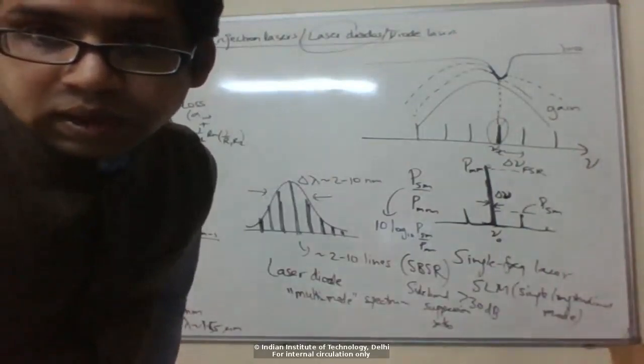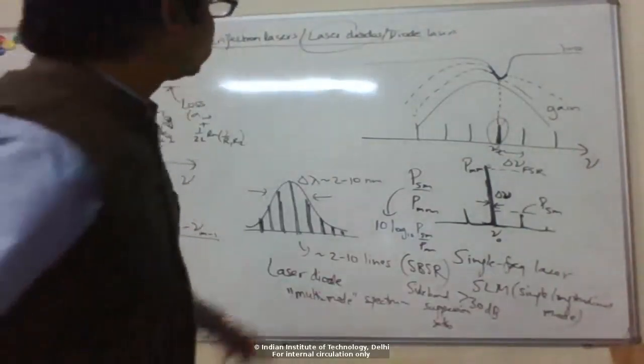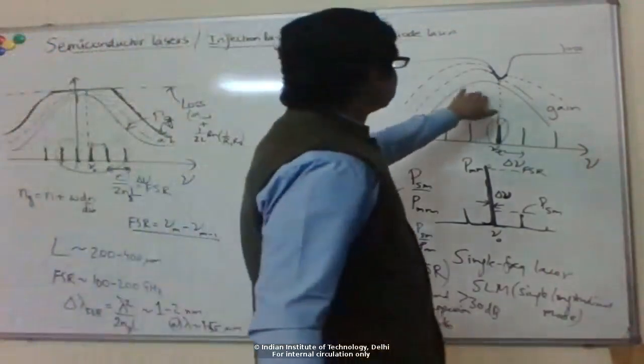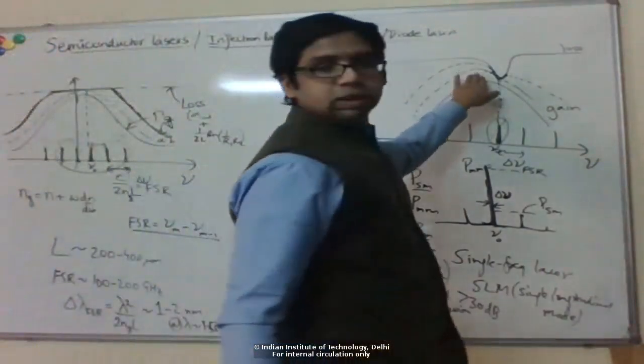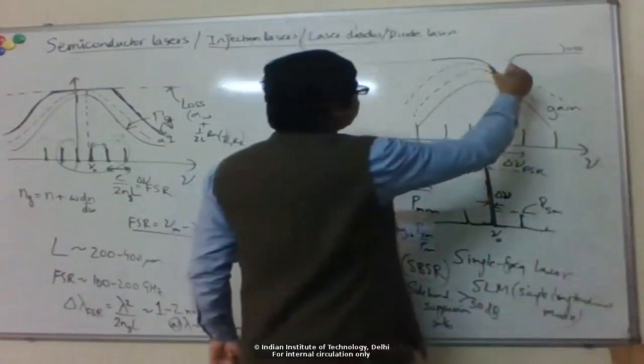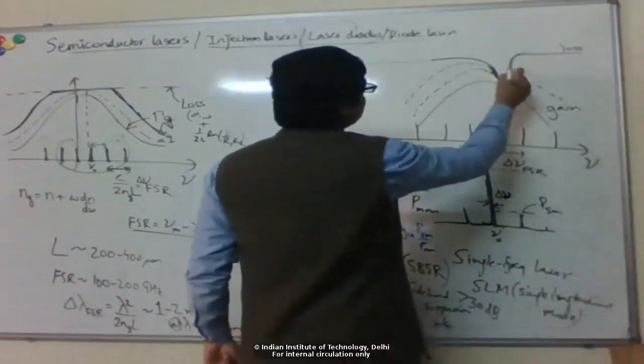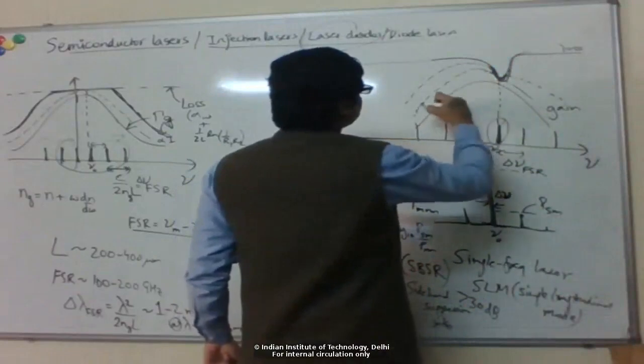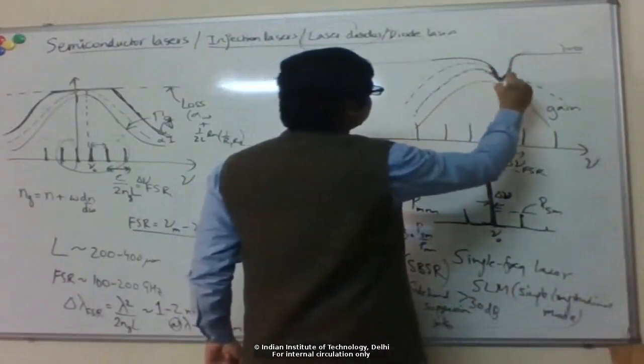There is one question on explaining the operation of this beyond the threshold. The main point is that because of this sharp feature here, the threshold is when the gain just touches here.